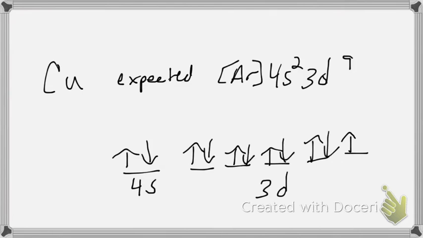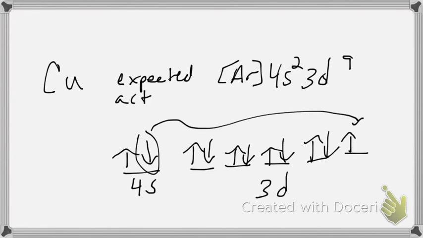One more. Look at the last little orbital there. He just needs one more. So what happens is this little guy moves over here. So the actual would be argon 4s1 3d10. So any of them that end in s2d4, they become s1d5. Any that end in s2d9, they become s1d10.